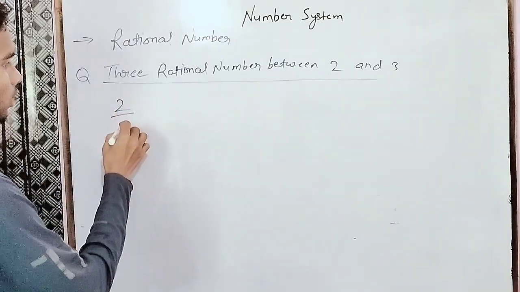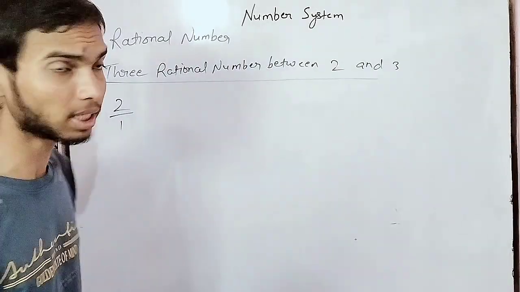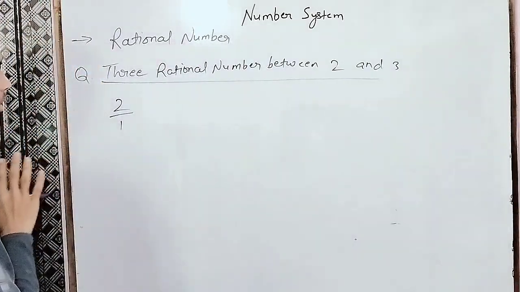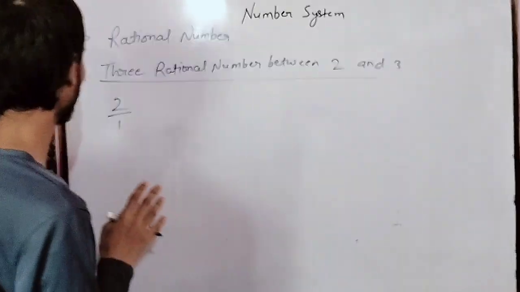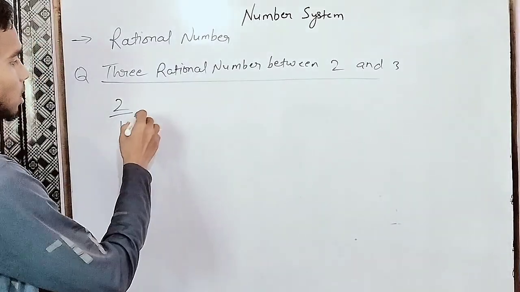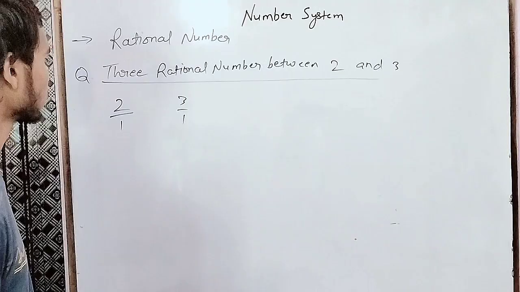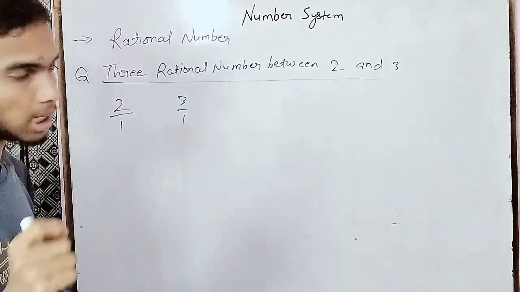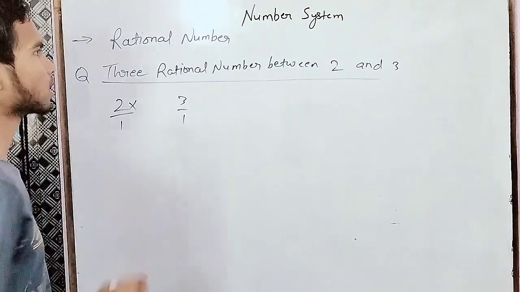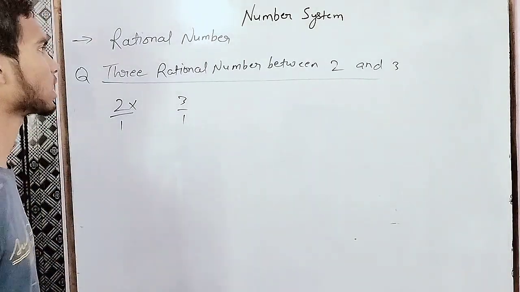If it can be written as 2 upon 1, we didn't change our number, and 3 upon 1. Now it is clearly a rational number. We want three rational numbers.